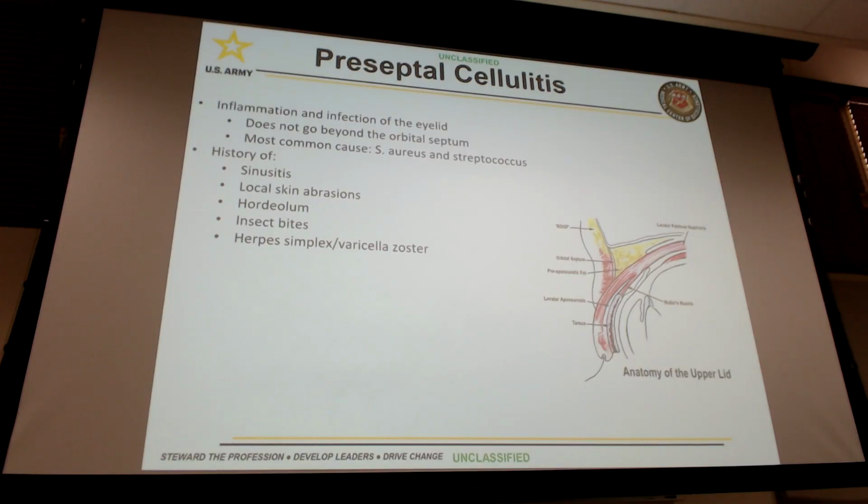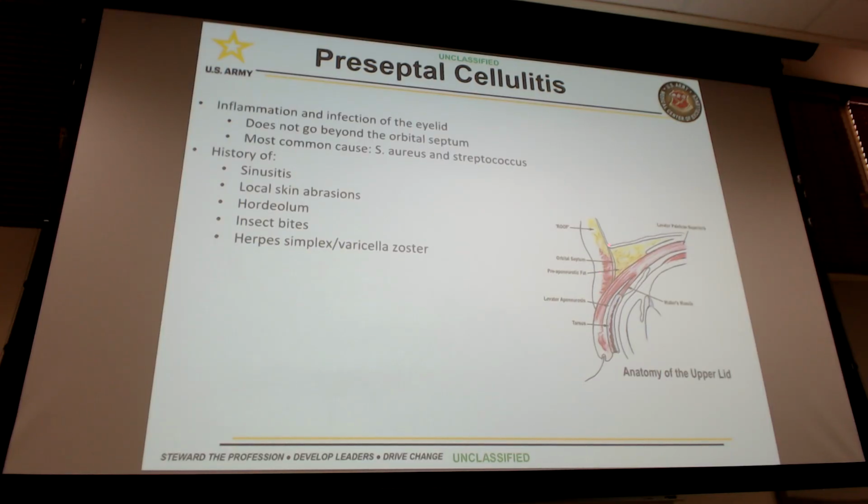Now we're moving on to preseptal and orbital cellulitis. So in the eyelid itself, let's do a little anatomy review. There is an orbital septum, and it basically is right here.